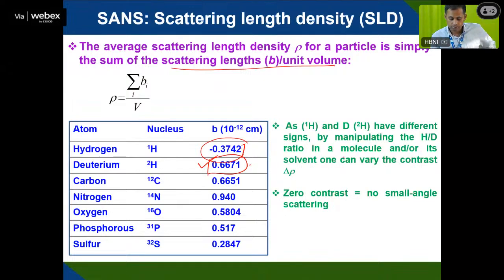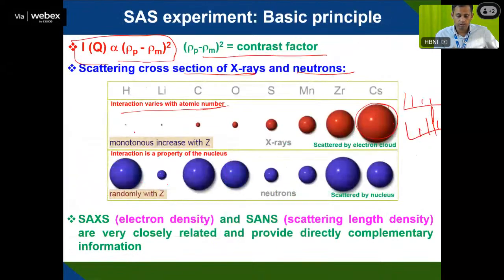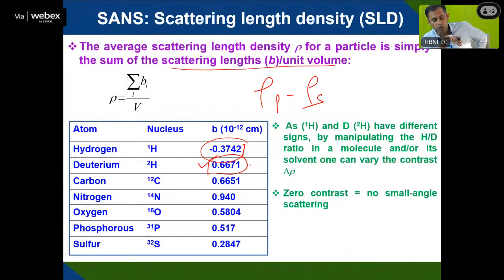For carbon, sulfur and all the others, you can see how the scattering length varies. So zero contrast means no small angle scattering. If rho of the particle minus rho of the sample or raw material are equal, with no change, then it is zero contrast, and you will see that no small angle scattering is possible.